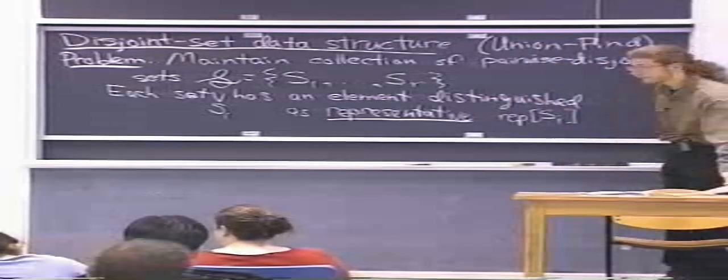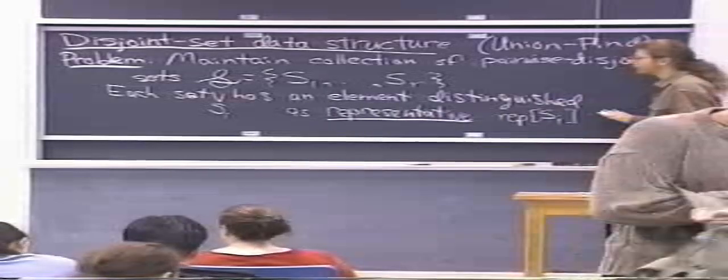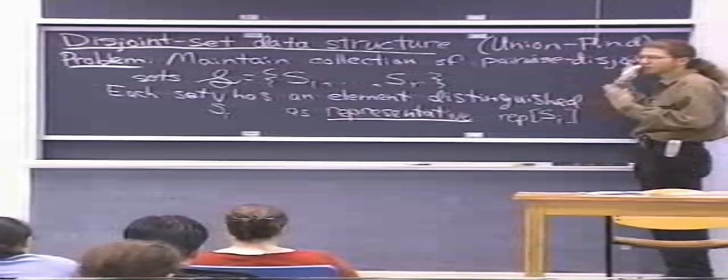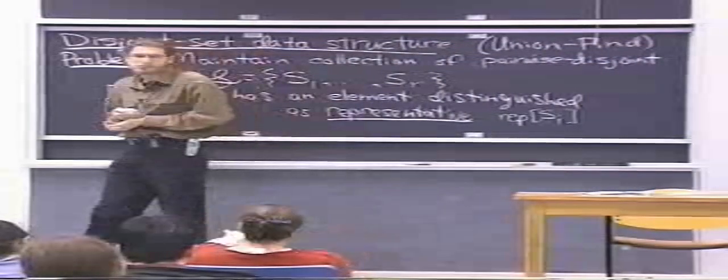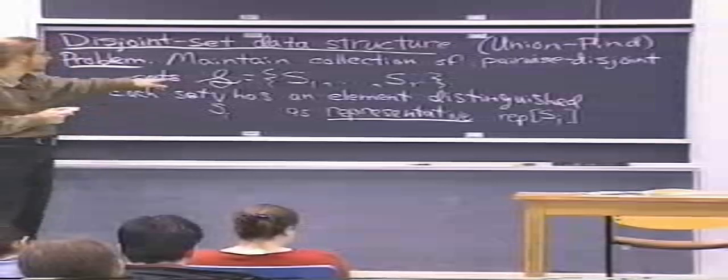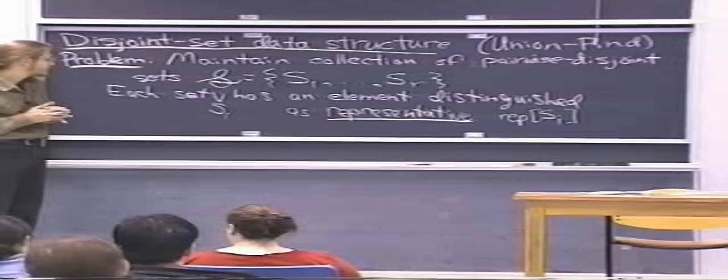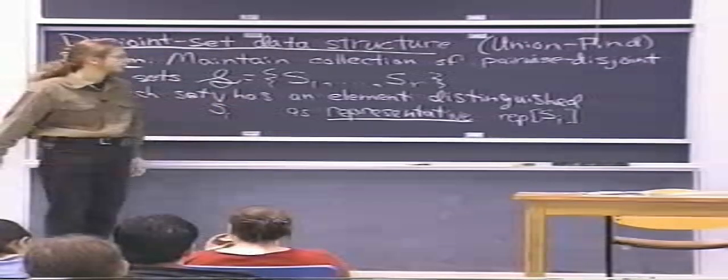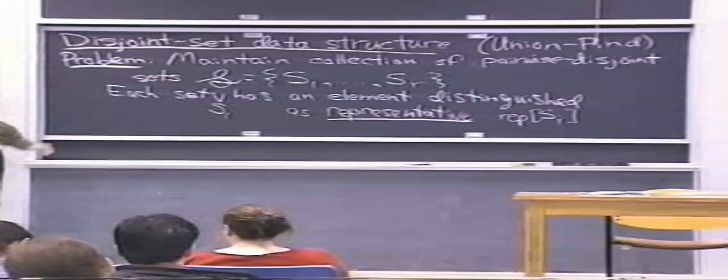Okay, so you can think of this as the smallest element or whatever. We don't really care much about what this element is. Okay, the elements aren't ordered. There's sort of no structure. There's just elements. Either it's in the set or it isn't in the set. Okay, the sets are disjoint, so any element is in only one set. And every set has a special element called the representative element. Okay, so that's the setup.